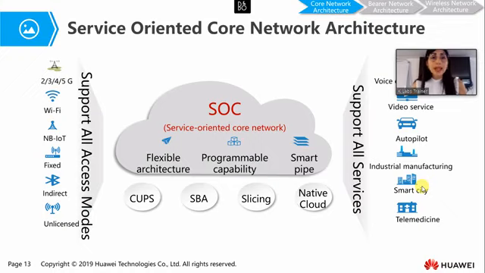If we need less resources, we can use less resources. And it can allow smart pipe. That means it can allow slicing. And also, we have the control user plane separation. We have a service-based architecture, as we already said. We have the concept of network slicing, and it is a native cloud core network.